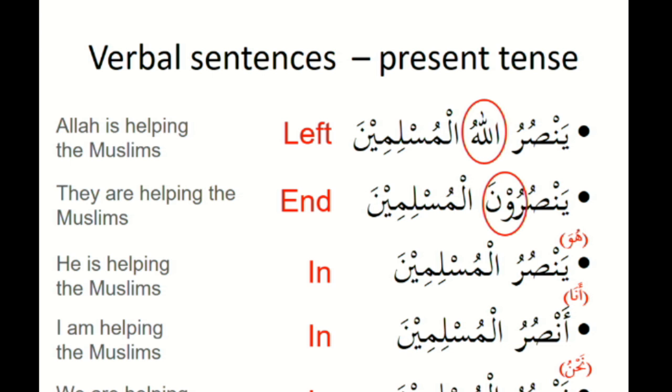Can you see that there? Not your workbook, your textbook. Your Arabic grammar textbook, page number 17. Not the workbook with exercises, the other one.